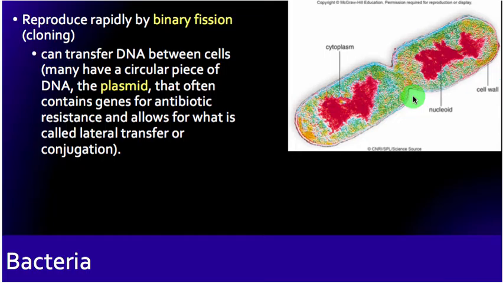One thing we're not maybe addressing here, which we can't see in this picture, is that in addition to this nucleoid that must be copied for this binary fission process, we do have that other piece of DNA called the plasmid. And that the plasmid, which is a small circular piece of DNA, can be transferred through something called conjugation, or sometimes referred to as lateral transfer.